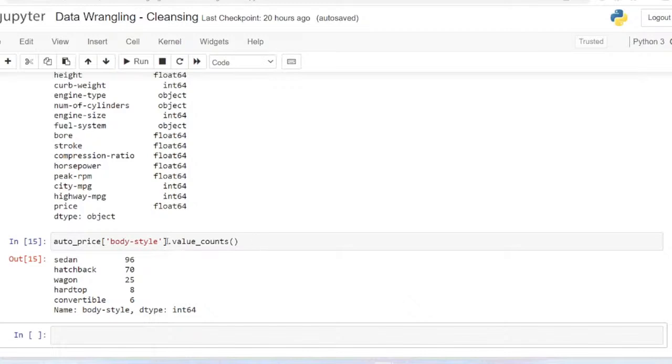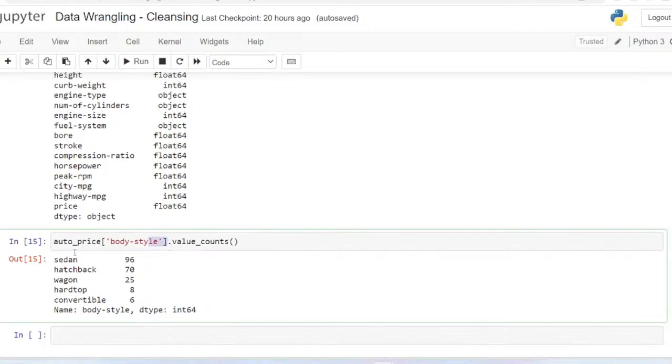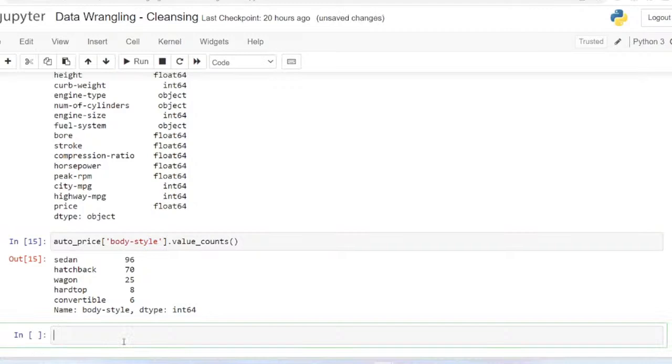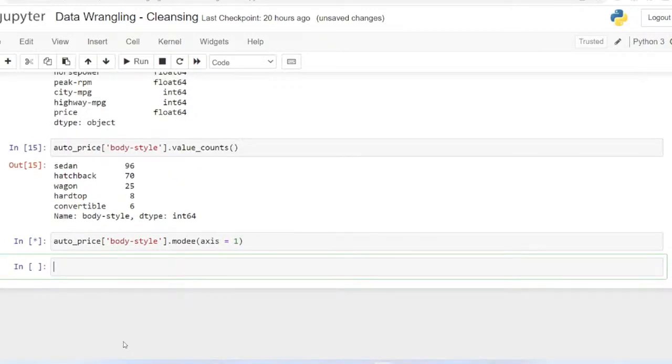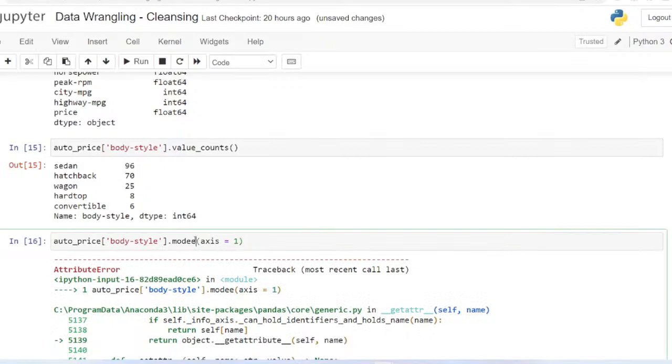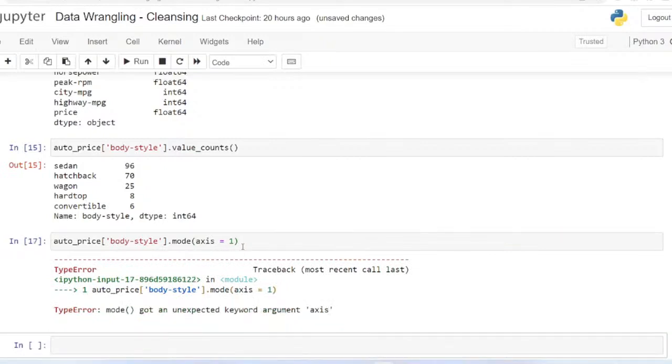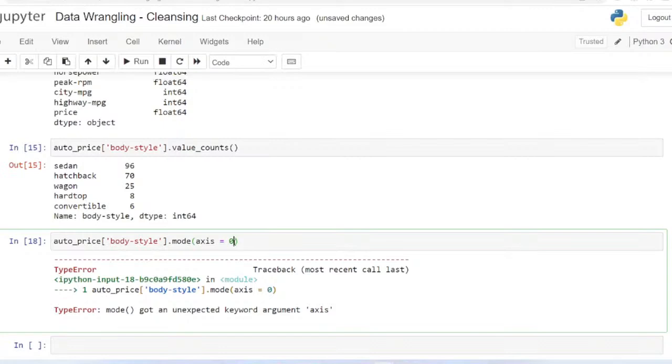Can we calculate it with the help of the data frame names? Yes, we can do so as well. Dot mode is available to us. So you just look here, mode, axis equals 1.